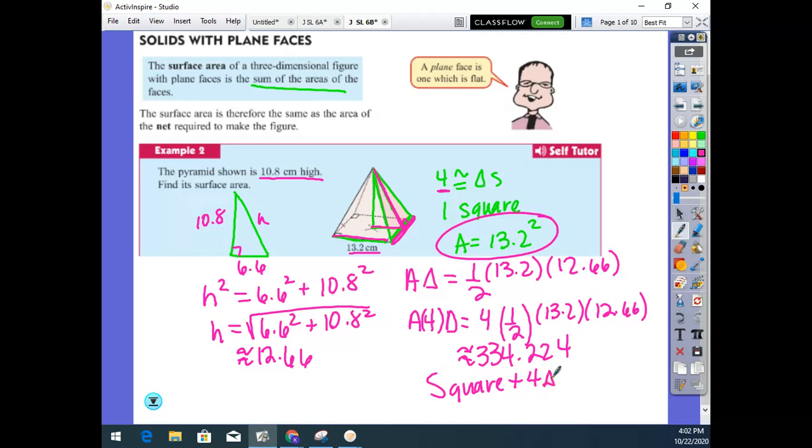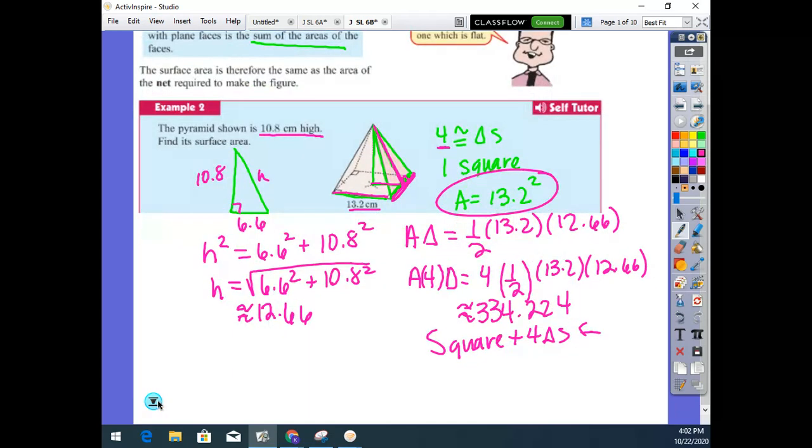So my total surface area of my pyramid, though, I have to take the area of my square plus 4 triangles. And I'm going to tell you right here, there are times you're going to get a point just by showing your methodology, even if it's not correct. So mapping out what you're doing. Oh, I didn't actually write out that is 174.24, my area of my square.